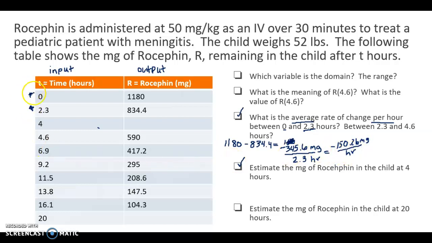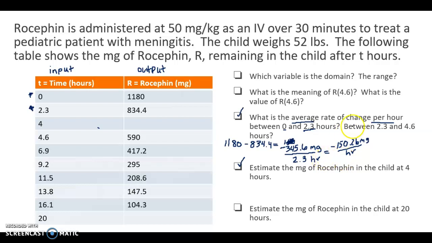So for this first section, from time is 0 to time is 2.3, the milligrams went down by 345.6 milligrams. And that happened over the course of 2.3 hours. And so when I divide that out, I have this average rate that they dropped 150.26 milligrams every single hour.